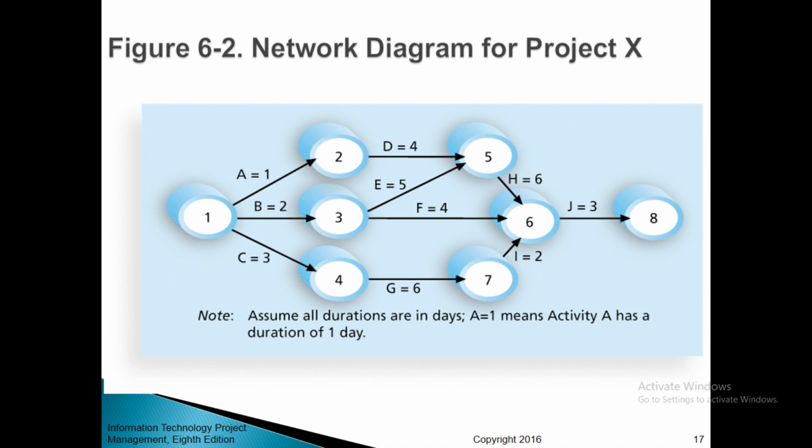These activities come from the WBS and activity definition process described earlier. The arrows represent the activity sequencing or relationship between tasks. For example, activity A must be done before activity D, and activity D must be done before activity H.